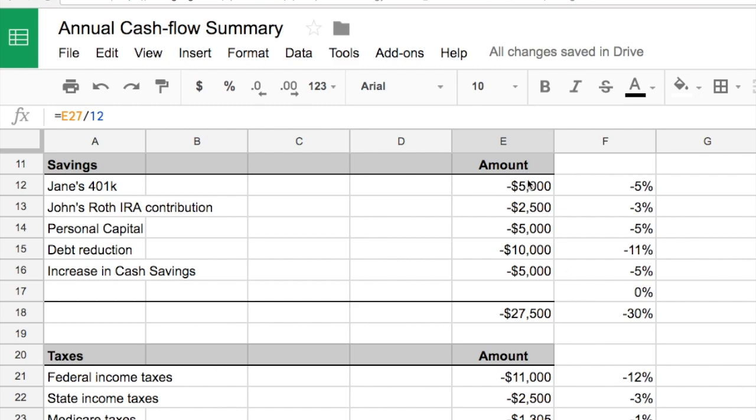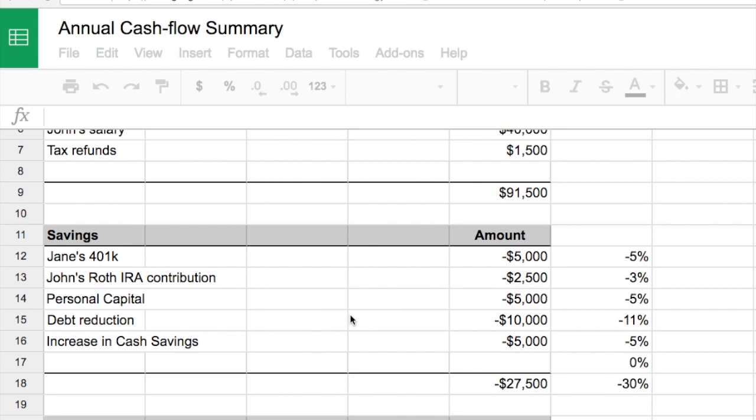Maybe you want to lower that and put more money into Roth IRAs because you already have a lot of money in tax deferred accounts, so you're going to pay a lot of taxes in retirement. Well, maybe you want to balance that out and put more money in Roth IRA contributions so that when you retire, you have a source where you can draw funds tax-free.